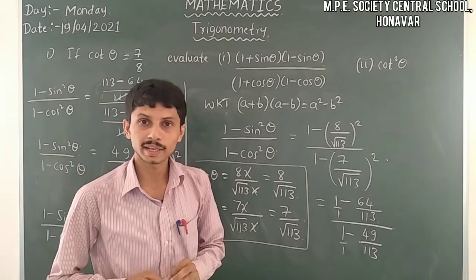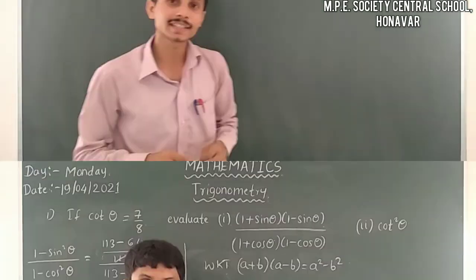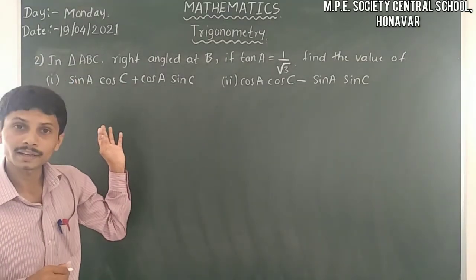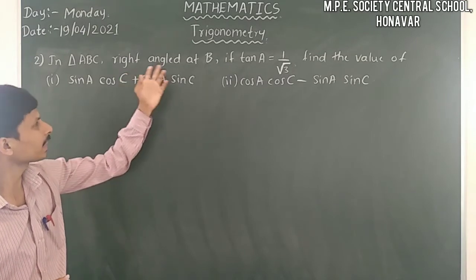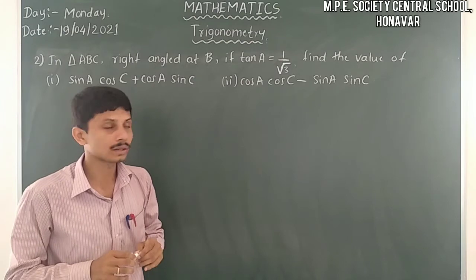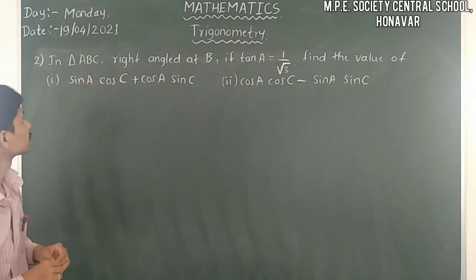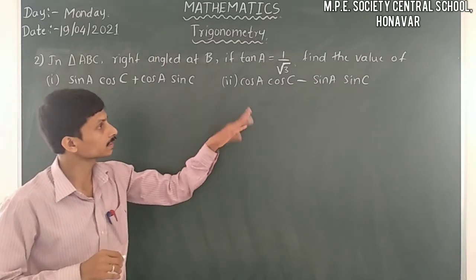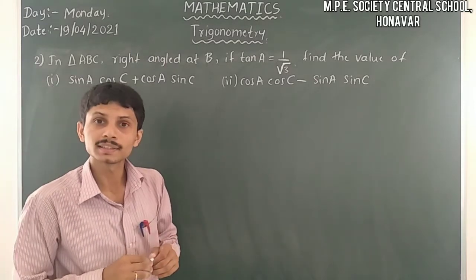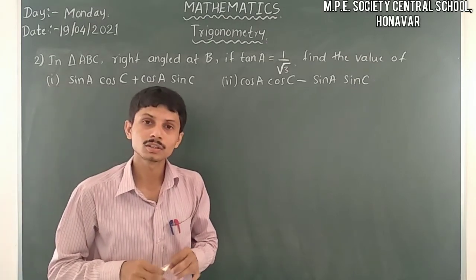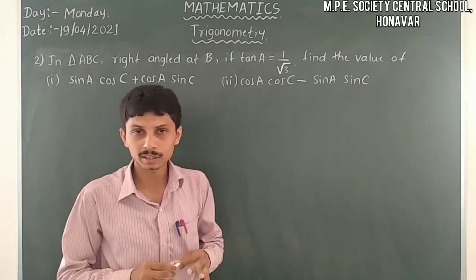So let us move on to the next problem. Here it is the second problem. Just observe, in a right angle triangle ABC, right angle at B, it is given that tan A is equal to 1 by root 3. Then find the value of sin A cos C plus cos A sin C, and also cos A cos C minus sin A sin C. Already you know that when a trigonometric ratio is given, how to find the other trigonometric ratios.